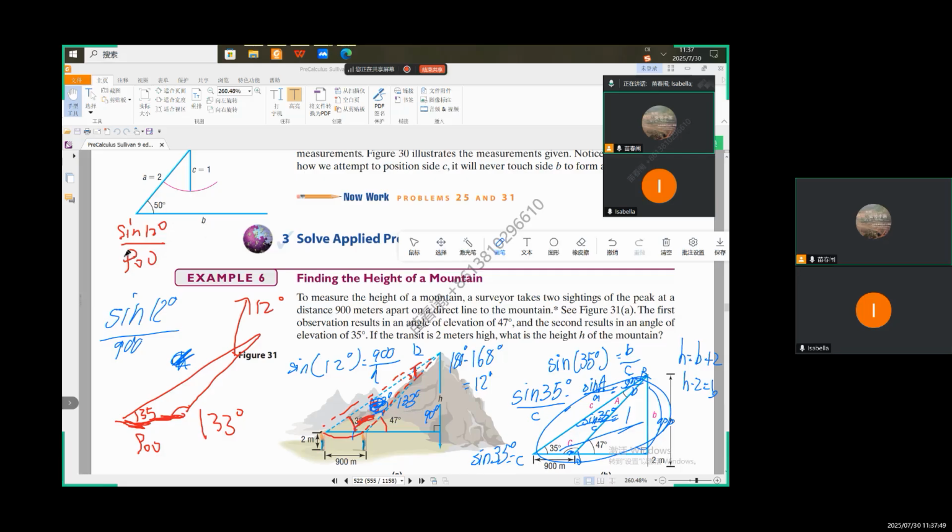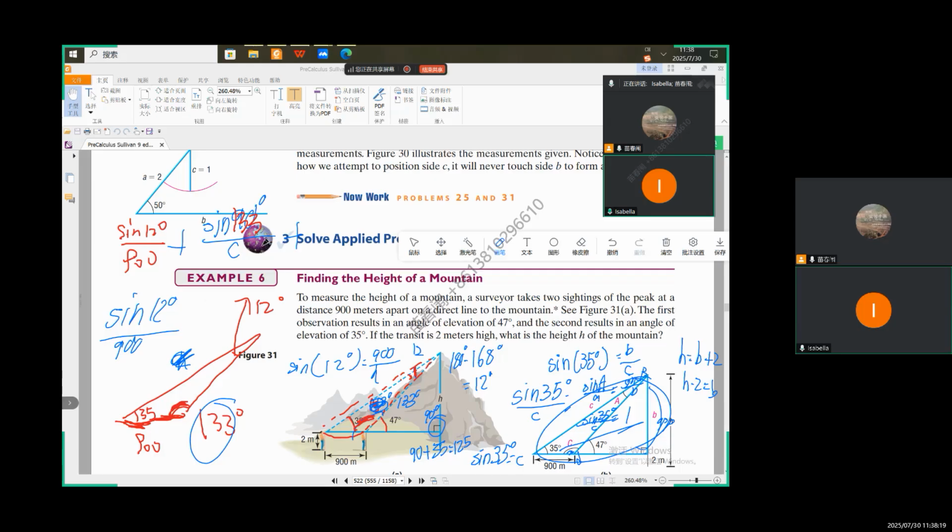That is the sine law: sine over a plus sine 90 degrees over c. Wait, this one is what degree? 133. Oh yeah, I was referring to the overall triangle. Oh, you're right.